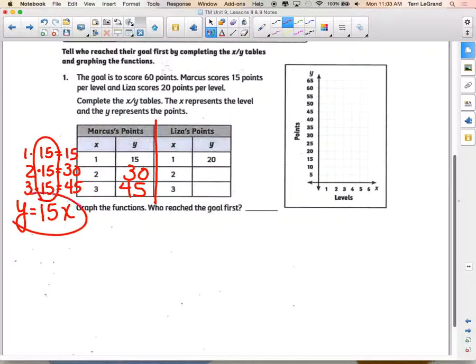This is Marcus's equation. Let's go graph Marcus's 3 points right away. Go over there and graph Marcus's 3 points, and then you're going to draw a ray going from the origin up through those 3 points and beyond.